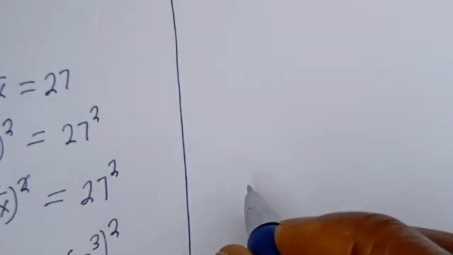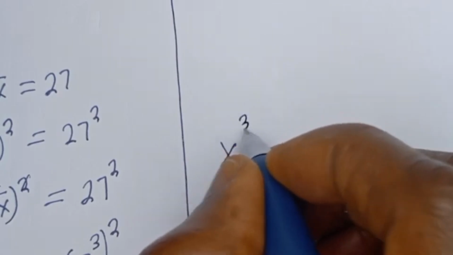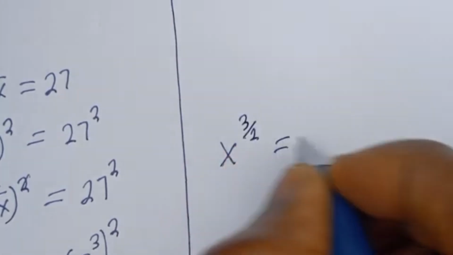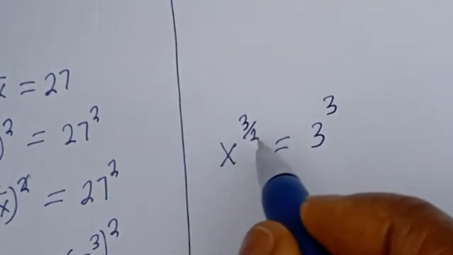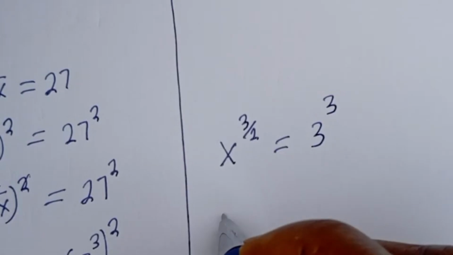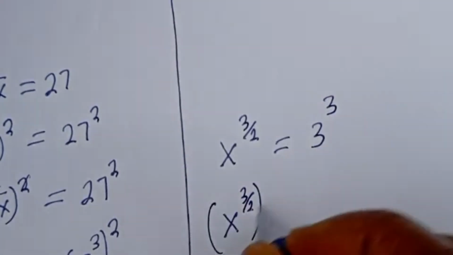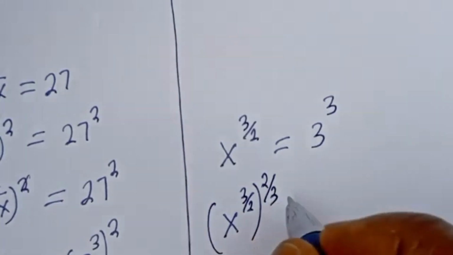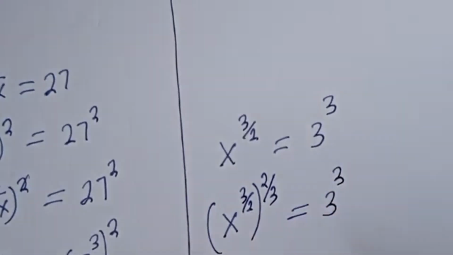Then from there we have s to the power of 3 over 2 is equal to 3 to the power of 3. Then we can multiply the exponent of both sides by the reciprocal of this, that is 2 over 3. We have s to the power of 3 over 2 multiplied by 2 over 3 is equal to 3 to the power of 3.